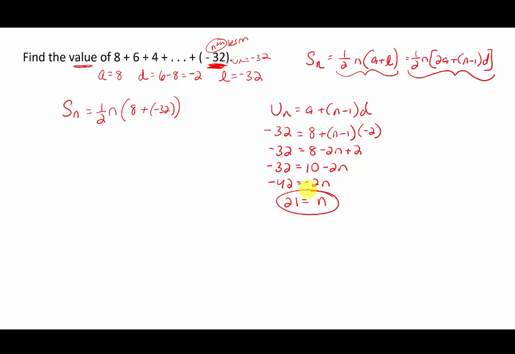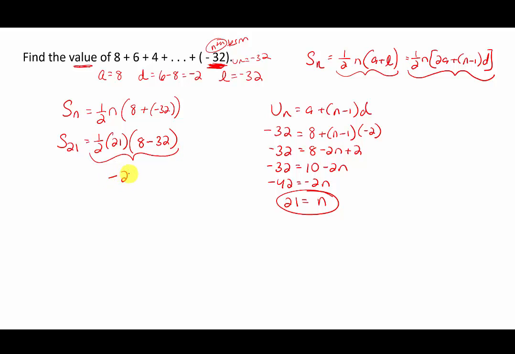And now that I know that, I can go take that and find the sum of the first 21 terms, which is actually what we're being asked in this case. So that's going to be 1/2, and I'm going to plug 21 into n, and then I have 8 plus negative 32, which is minus 32. Since this is all numerical values, there are no variables, so you can plug that whole thing into a calculator and find that value.